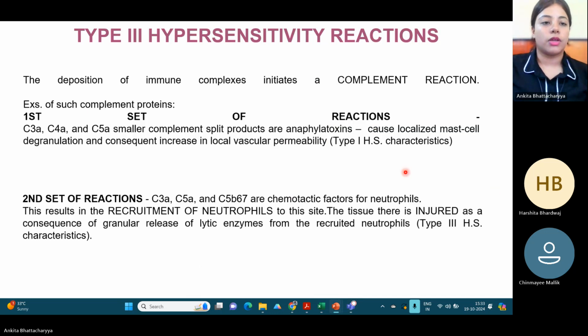So the deposition of immune complexes can often initiate a complement reaction. There are examples of such conditions. You have two sets of reactions. In the first set, you see C3a, C4a, C5a.